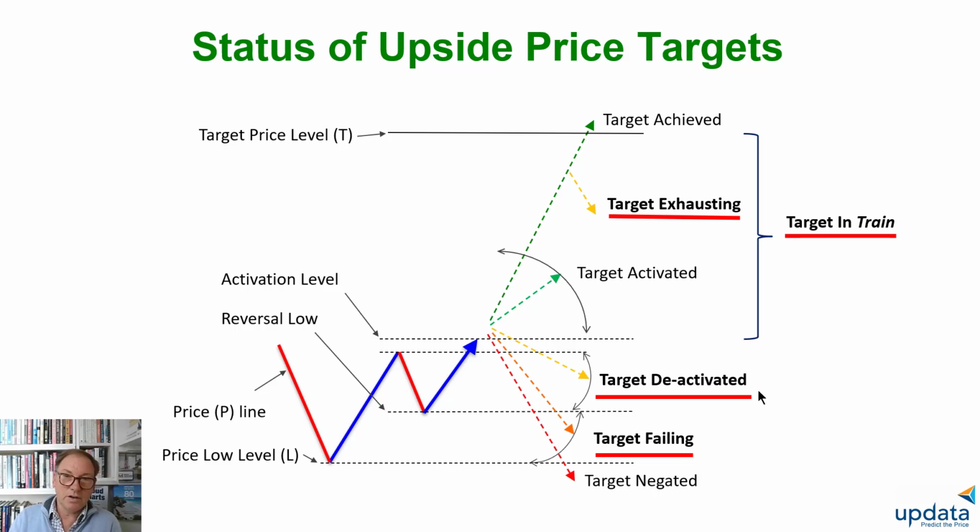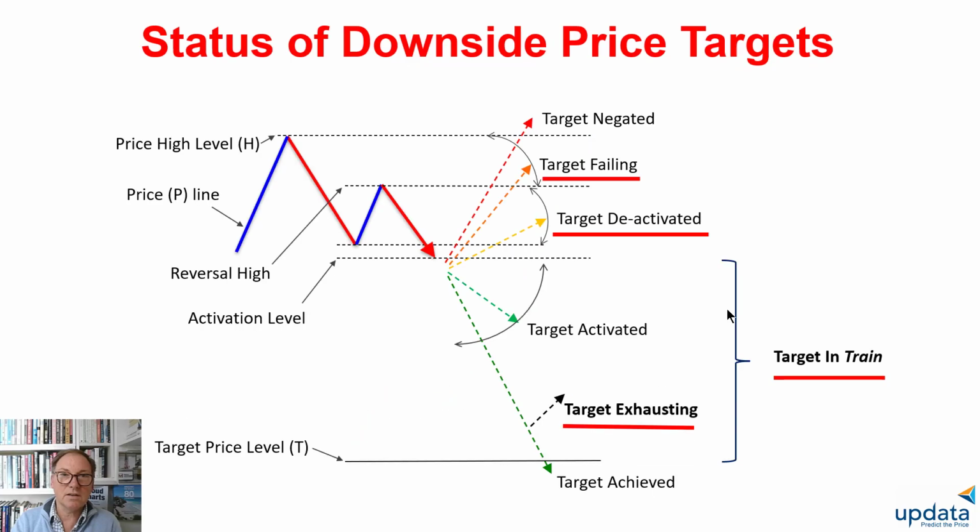That's new notation, really. And then if we move back below the pullback, the target is starting to fail, so we start to be more wary. And then the target is negated, which is point and figure rules. If we go below the point at which the thrust began, all those buyers have left, they've sold, and therefore the target disappears. It's no longer there. I will talk about negated targets in a minute, but that's the key thing.